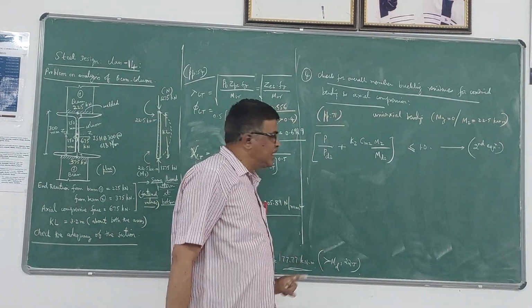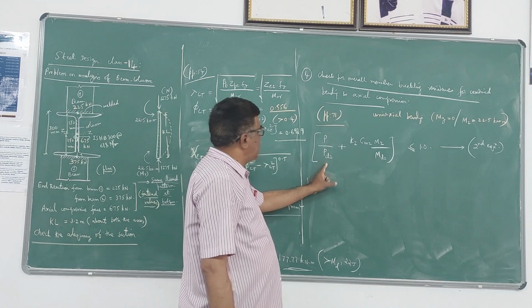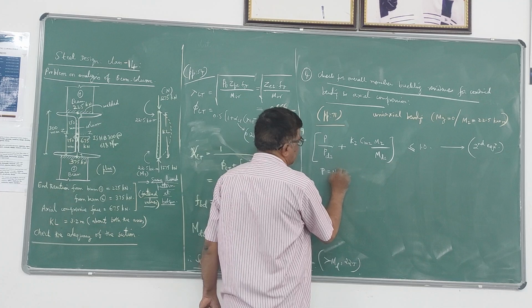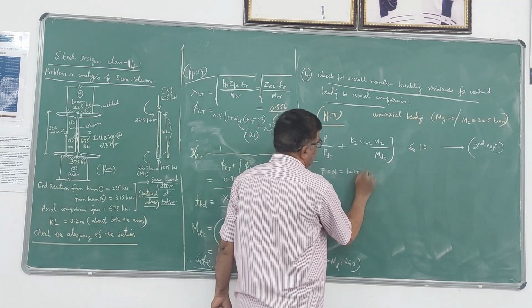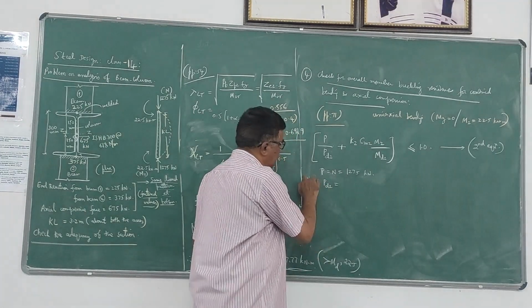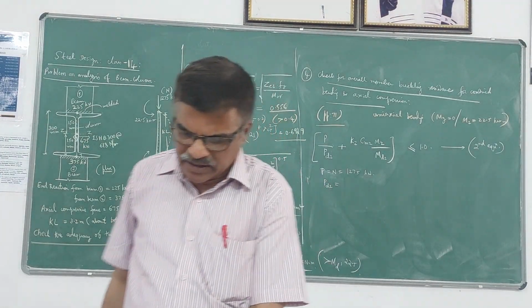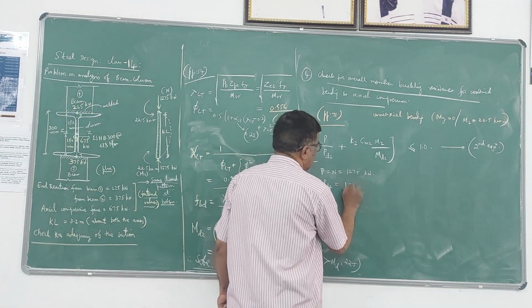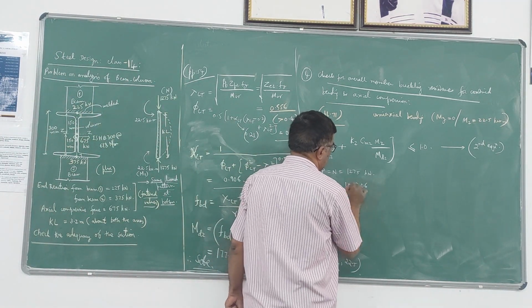This should be satisfied. Here you know all these values. P is nothing but N, which is 1275 kilonewton. The PDZ value we have also found out: 1708.06 kilonewton.